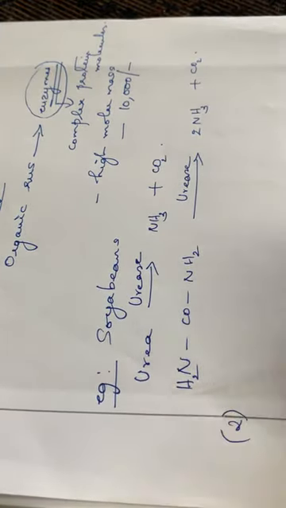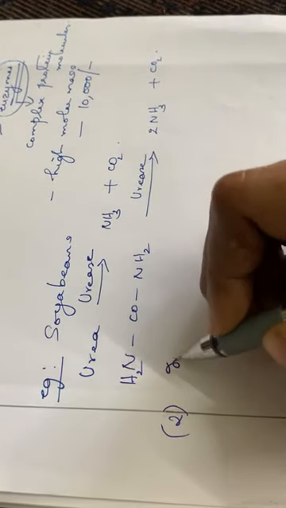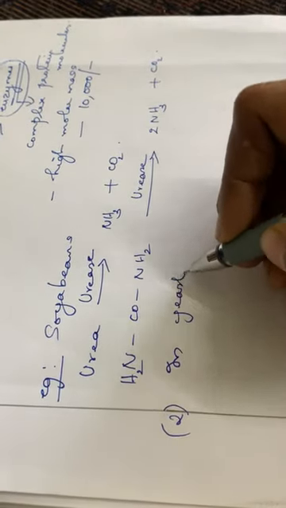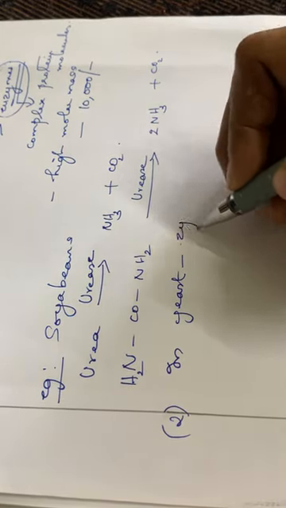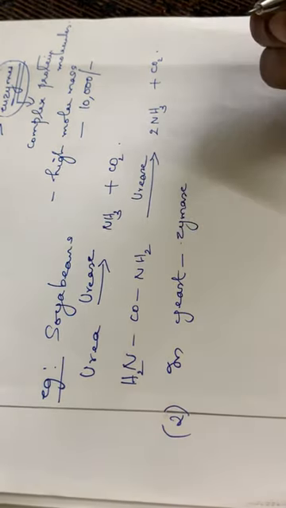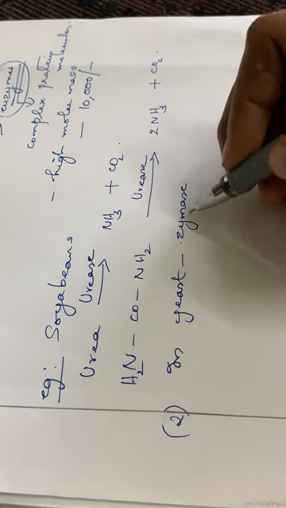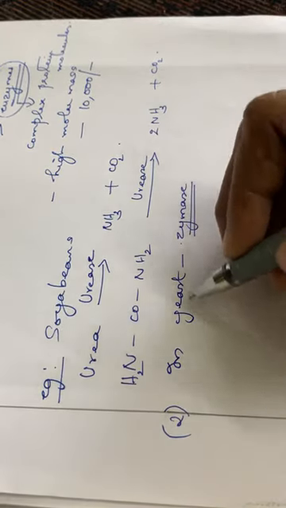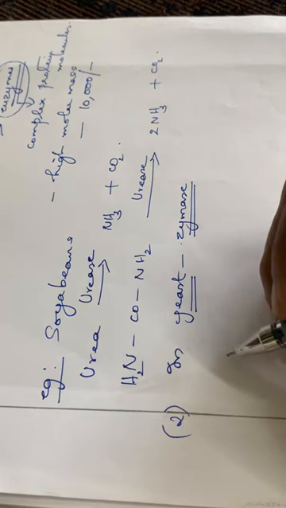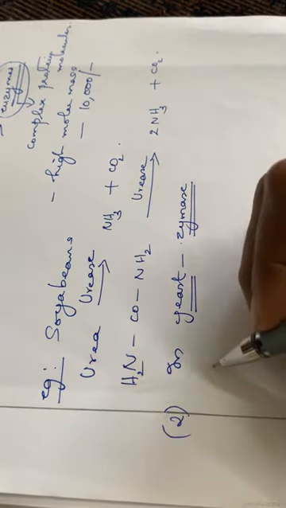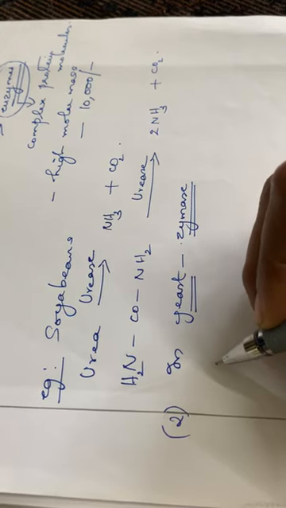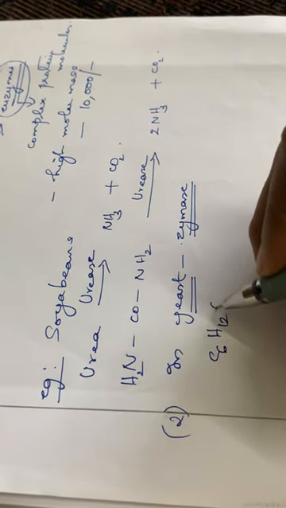Then the second example: yeast has zymase as well as invertase. Here I am writing the reaction of the enzyme zymase. The zymase present in yeast converts glucose to alcohol as well as carbon dioxide. Glucose, the formula is C6H12O6.